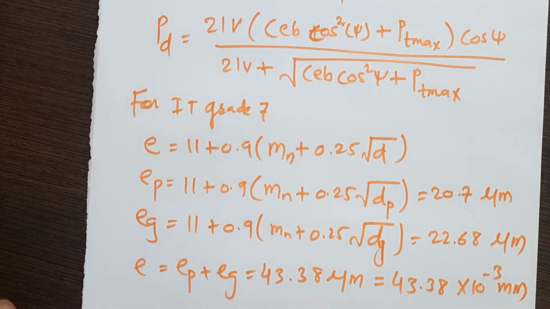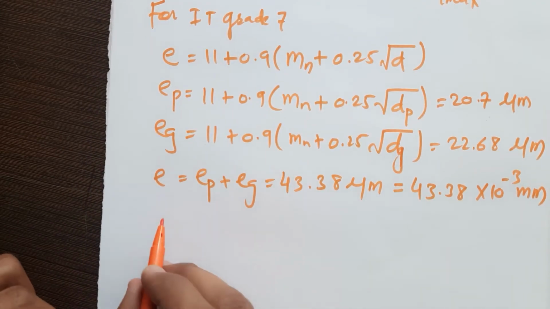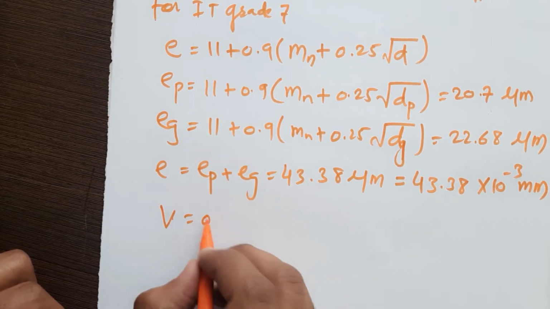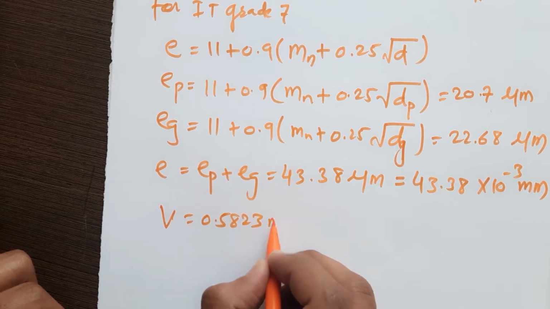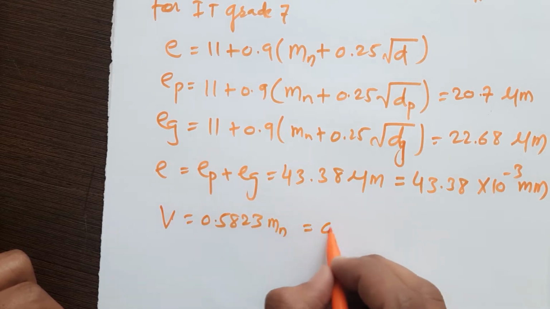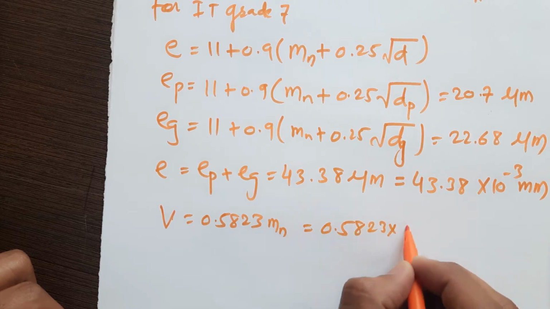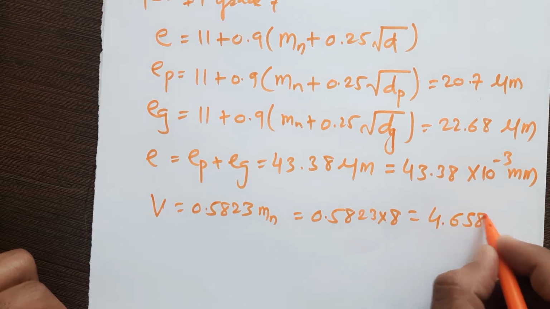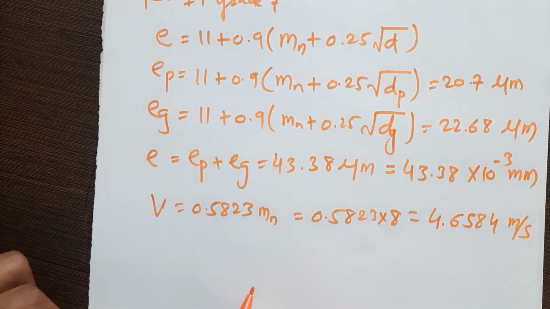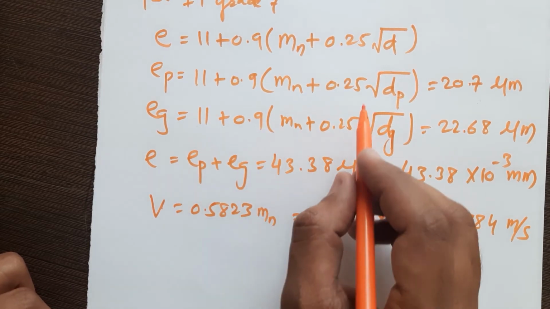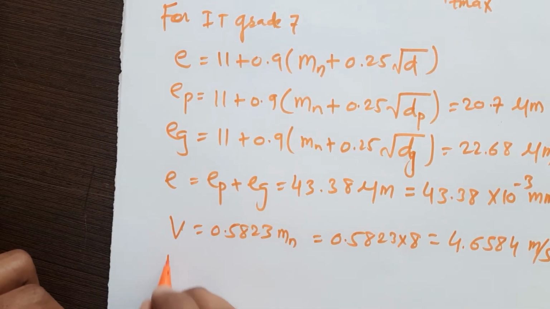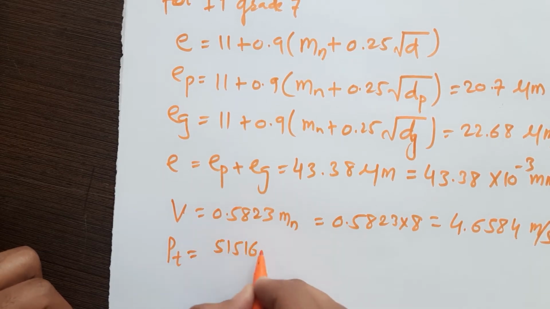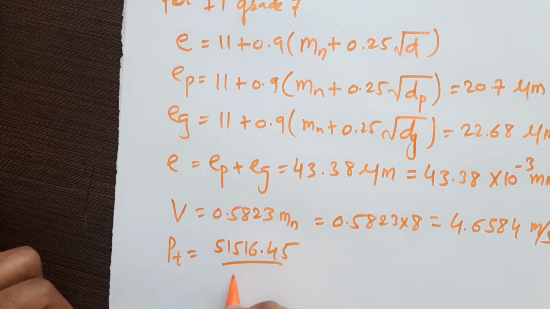C is given. Velocity we need to calculate. We have already calculated velocity in terms of module as 0.5823 mn. Substituting mn as 8, 0.5823 into 8, you get velocity as 4.6584 meters per second. Now we have PT, the tangential force in terms of module: PT is equal to 51516.45 divided by mn, the normal module.